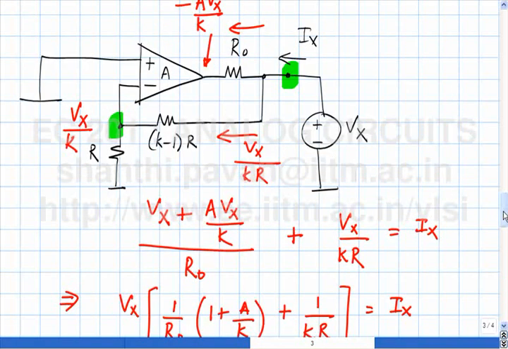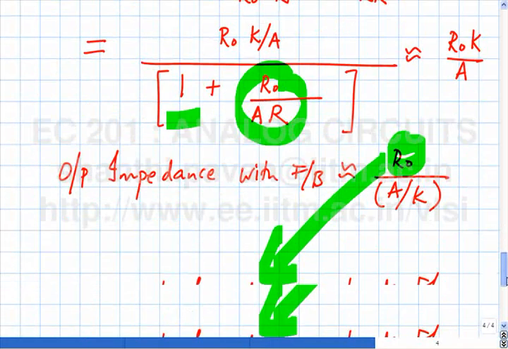The closed loop gain would be 1 over the feedback factor times loop gain by loop gain plus 1, and the loop gain is the gain, loosely speaking, you get when you go around the loop. If I cut the loop and go around, I will get approximately A by K. I say approximately because in reality there will be some effect of this R naught. But this is not a very rigorous discussion.